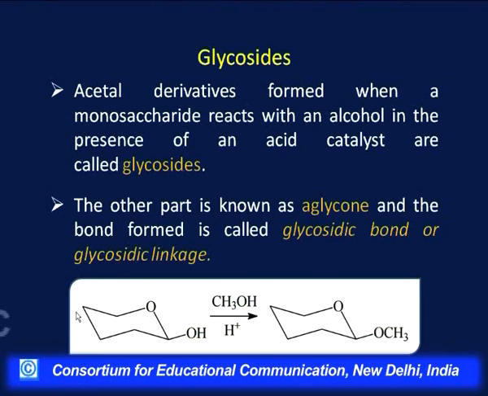Suppose this is any monosaccharide having a hydroxyl group, this is the anomeric carbon. When it reacts with methanol, an acetal is being formed, because this is a hemiacetal type of structure. This is the acetal being formed, and the bond between this oxygen and the sugar moiety is called glycosidic bond or glycosidic linkage.